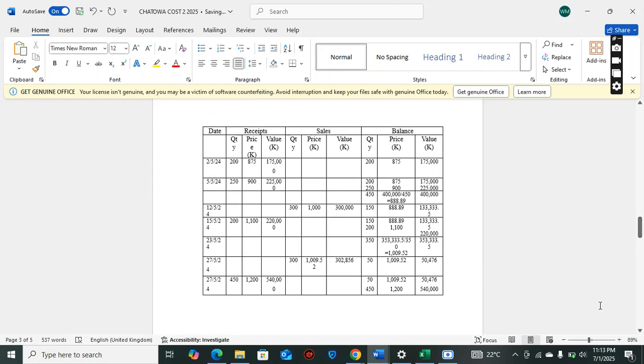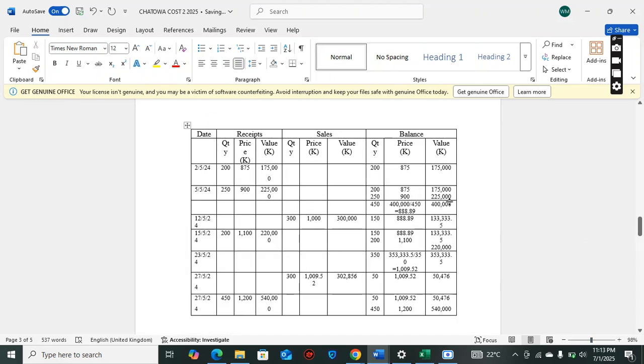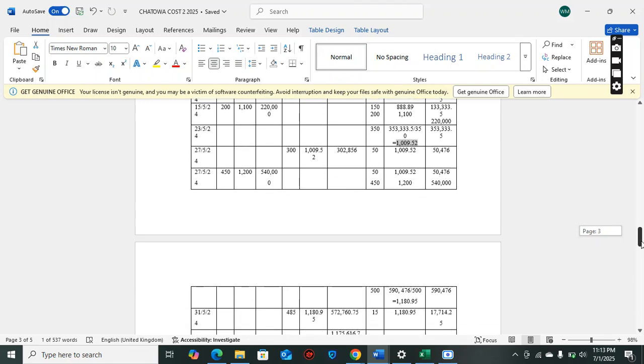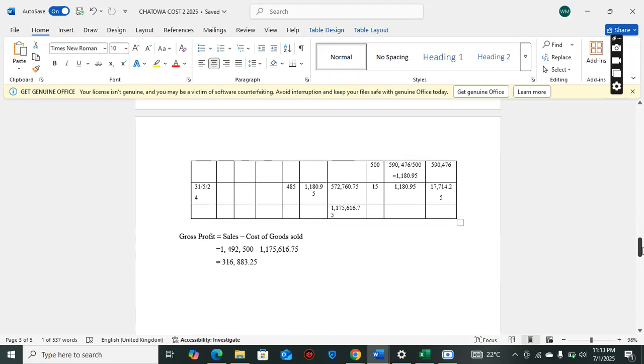Okay, so what we can also notice about AVCO: when the price is increasing, our average cost was also increasing. When the price is increasing, even your average cost will be increasing, so you get a lower profit as compared to when the price is decreasing. When the price is decreasing, your average cost will also be decreasing and you get a higher profit.